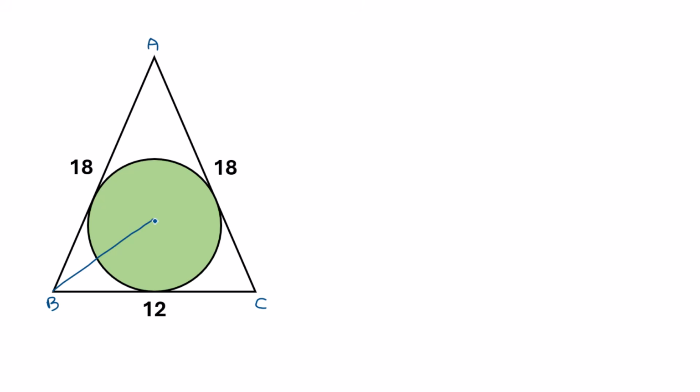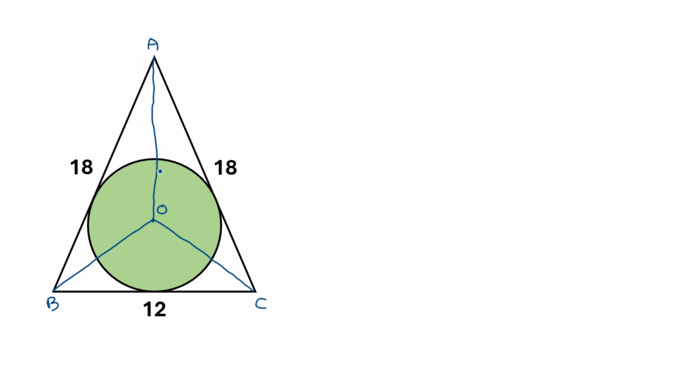Again, join the center and the corner C. And finally, join the point A and the center of the circle. Now consider the center of this circle is O.